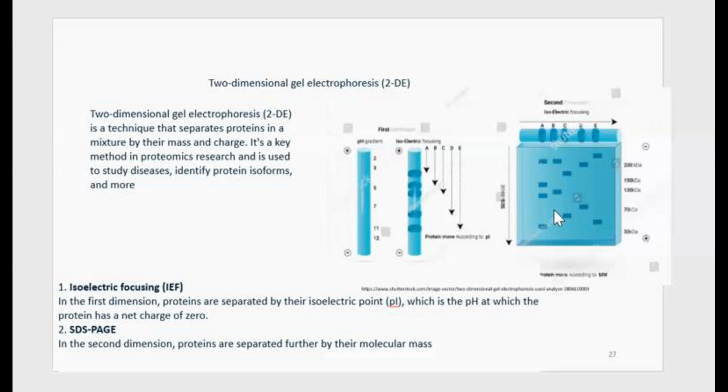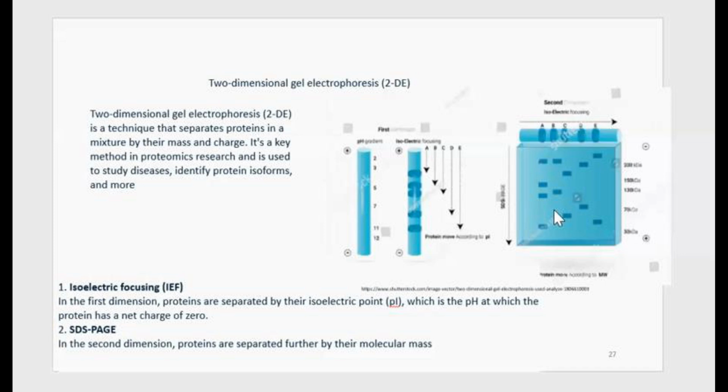And if the pH is higher than the isoelectric point, then the protein will have negative charge. So accordingly, the movement towards anode or cathode would occur.